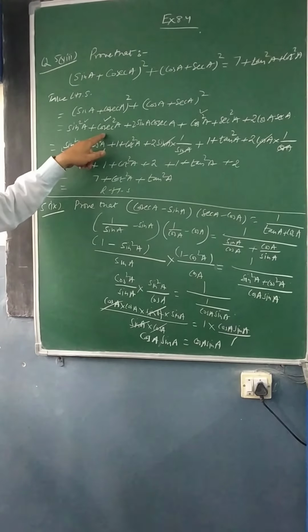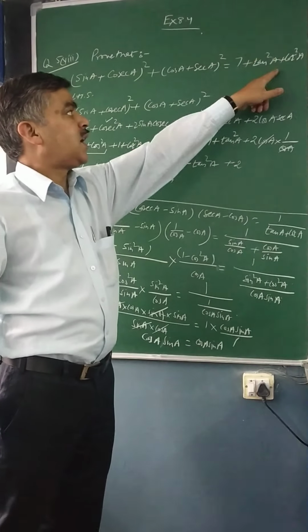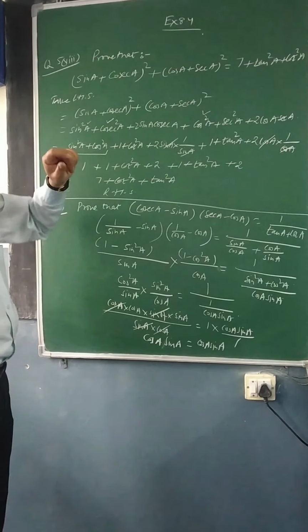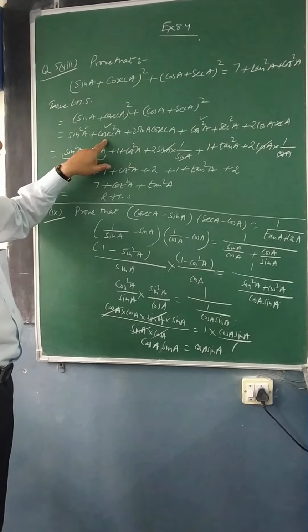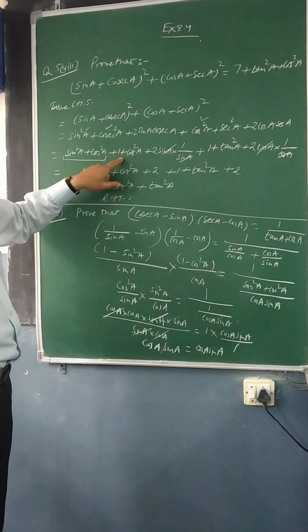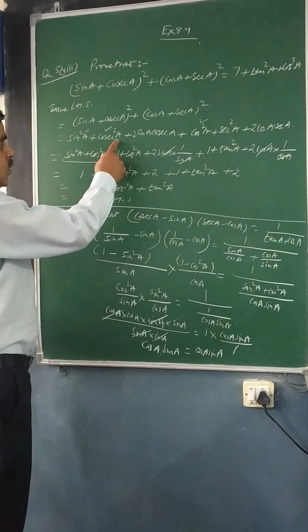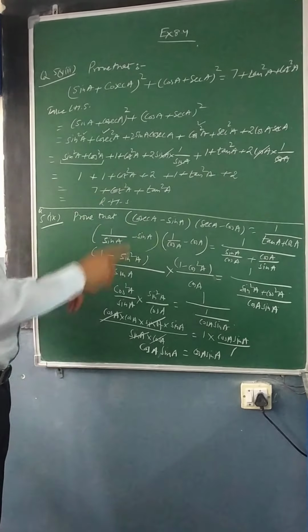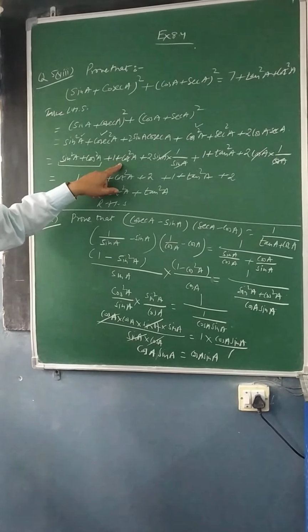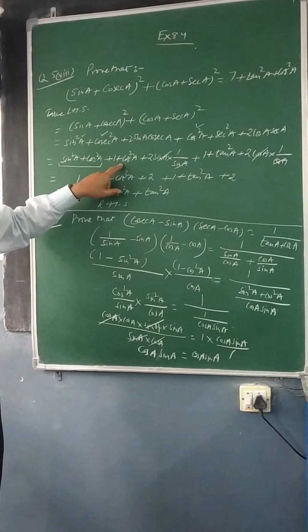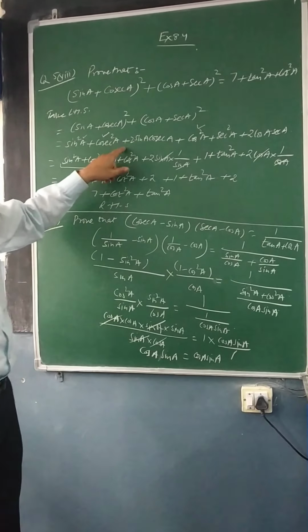And then cosec square A I don't need in that side, I need cot square A or tangent square A. So I can express cosec square A in terms of cot square A by writing cosec square A is equal to 1 plus cot square A by using the identity cosec square A minus cot square A is equal to 1.